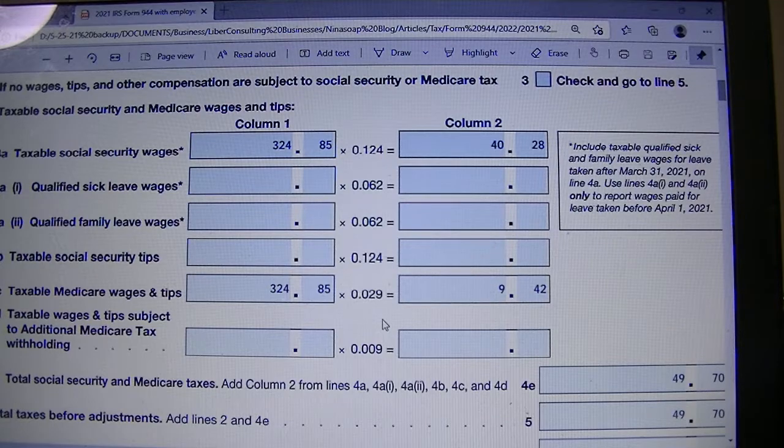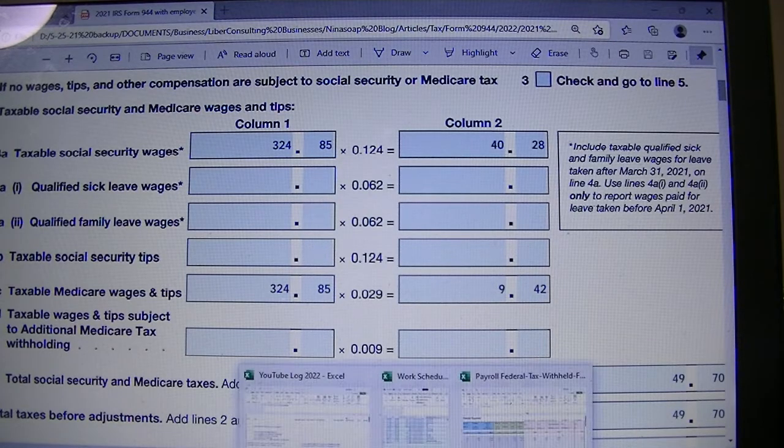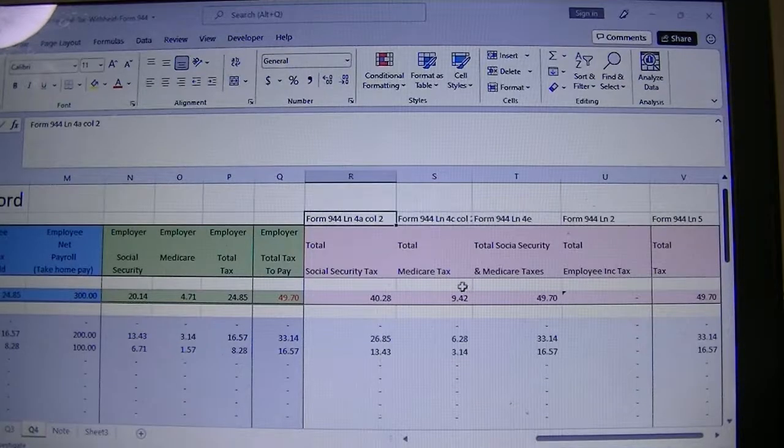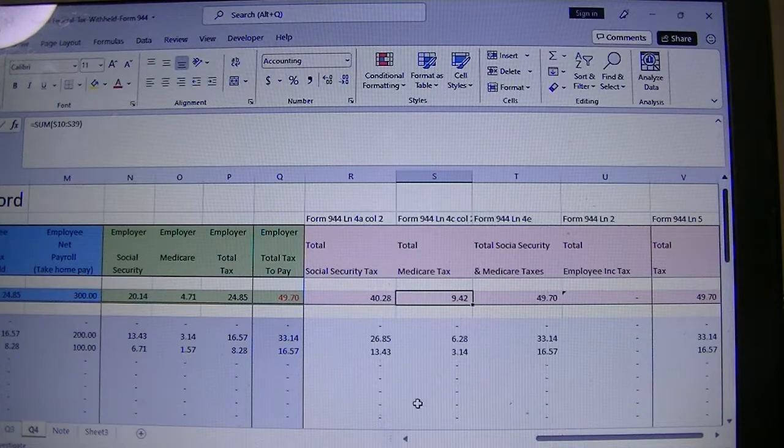The employer and the employee each pay 1.45% on it, so both together are 2.9%. You apply that on this total amount, and that gives us $9.42. So we have $9.42 for total Medicare tax.